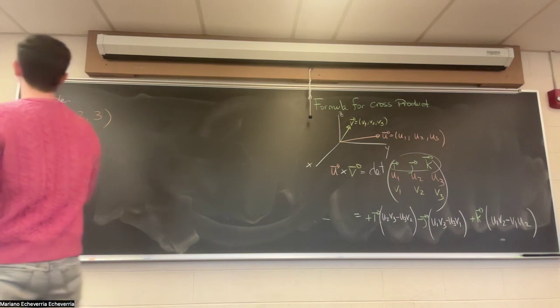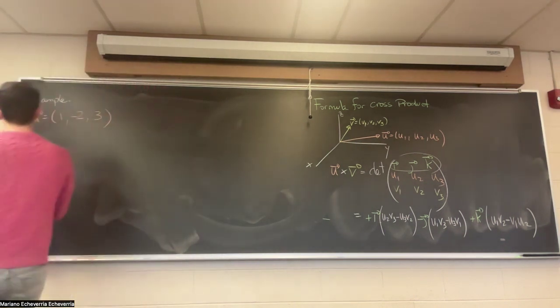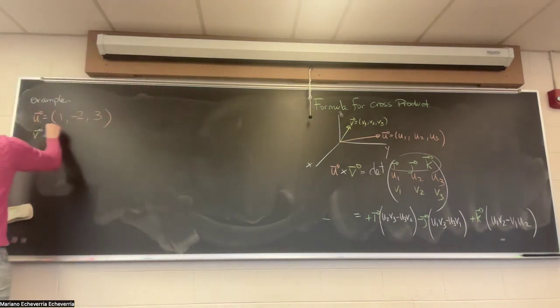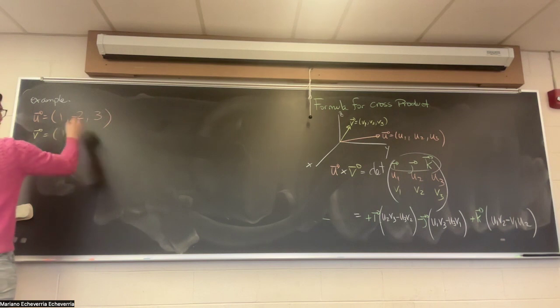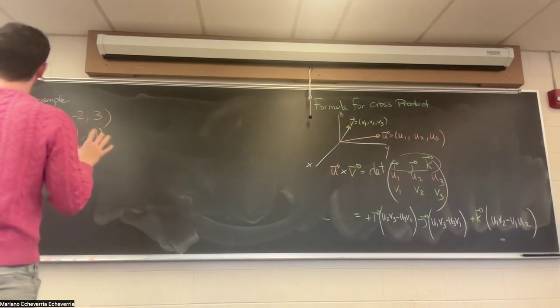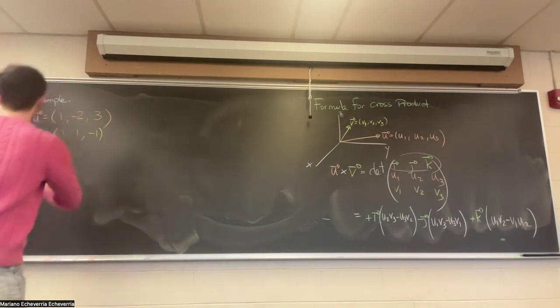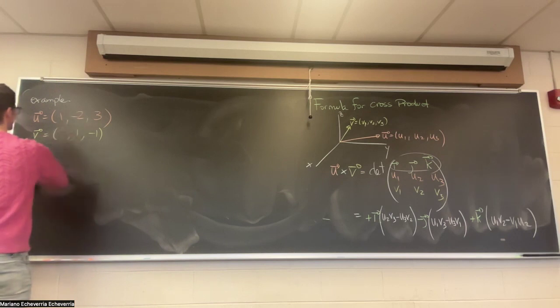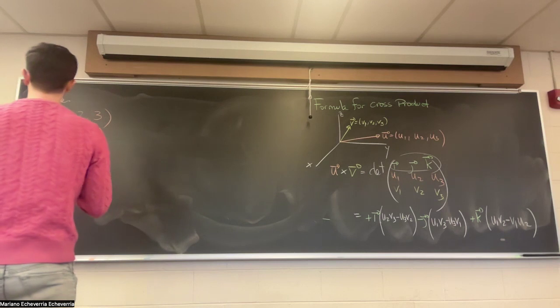So imagine, let's say vector U is this, vector V is 2, 1, -1. Again, just to do simple numbers, I'll put a 2 here, actually. I'll do simple numbers because that's enough to show you what's happening.